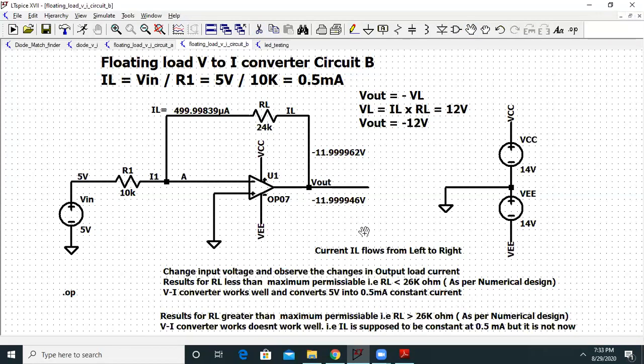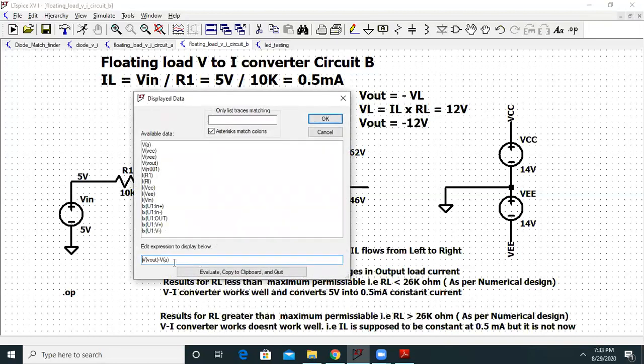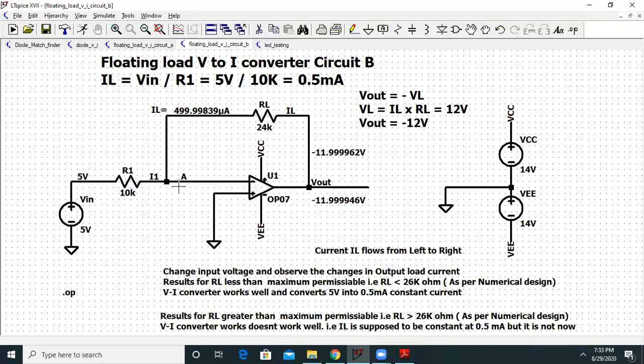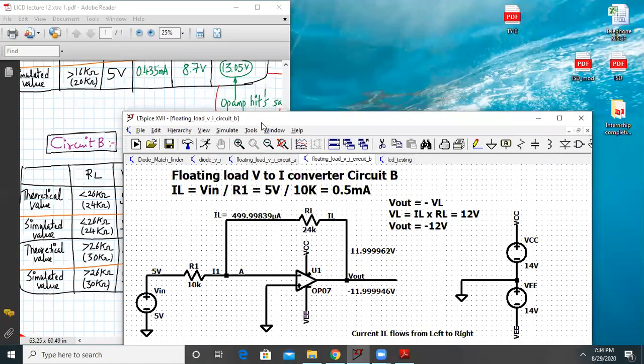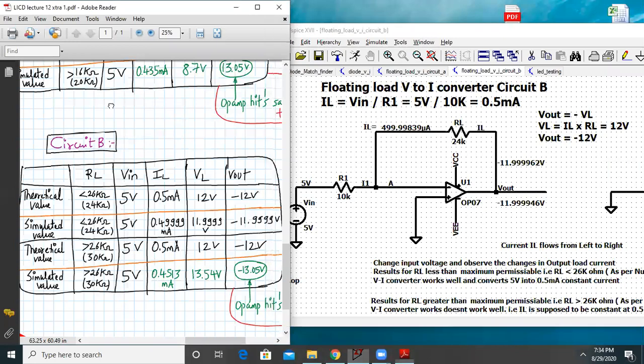It's almost the same as your value of Vout, because your Vout is minus VL and your VL should be around plus 12. I don't know what happened here. This is Vout minus VA. So that depends upon the value of the current IL. The current direction might be a little opposite over here. Let us cross check.